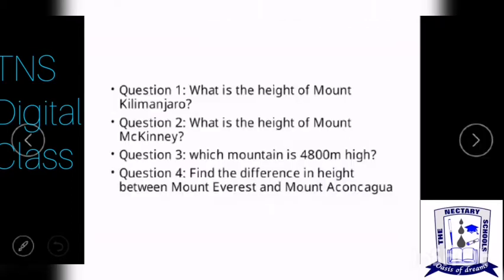Is that taken? Question 2 is, what is the height of Mount McKinley? Question 3, which mountain is 4,800 meters high? And the last question says, find the difference in height between Mount Everest and Mount Aconcagua. You can do that.